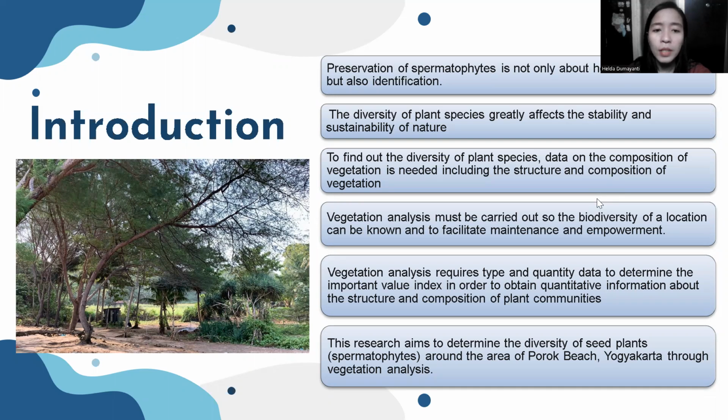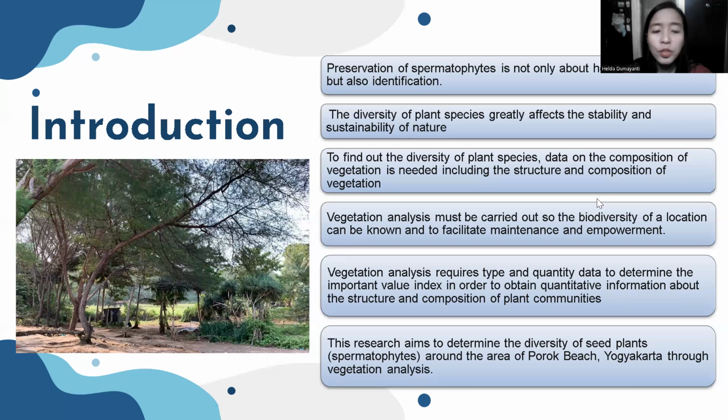Vegetation analysis must be carried out so the biodiversity of a location can be known and to facilitate maintenance and empowerment. Vegetation analysis requires type and quantity data to determine the important value index in order to obtain quantitative information about the structure and composition of plant communities.